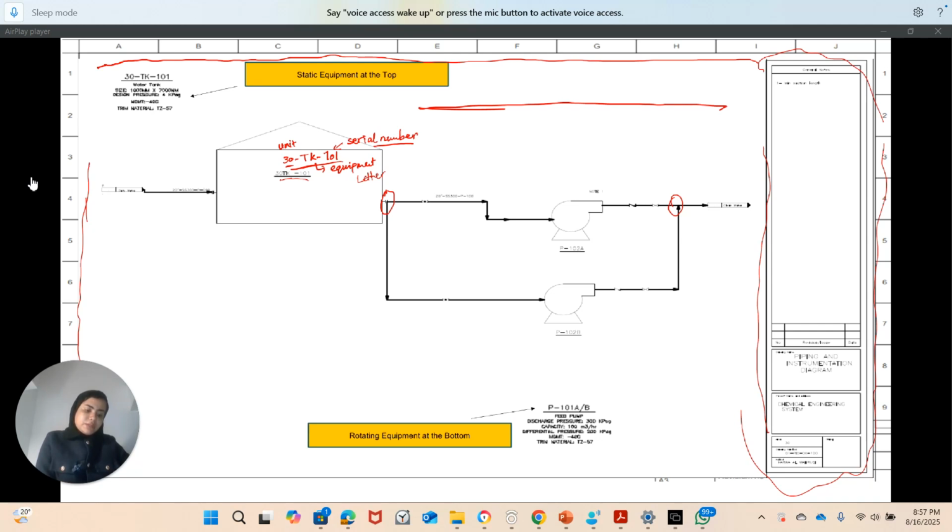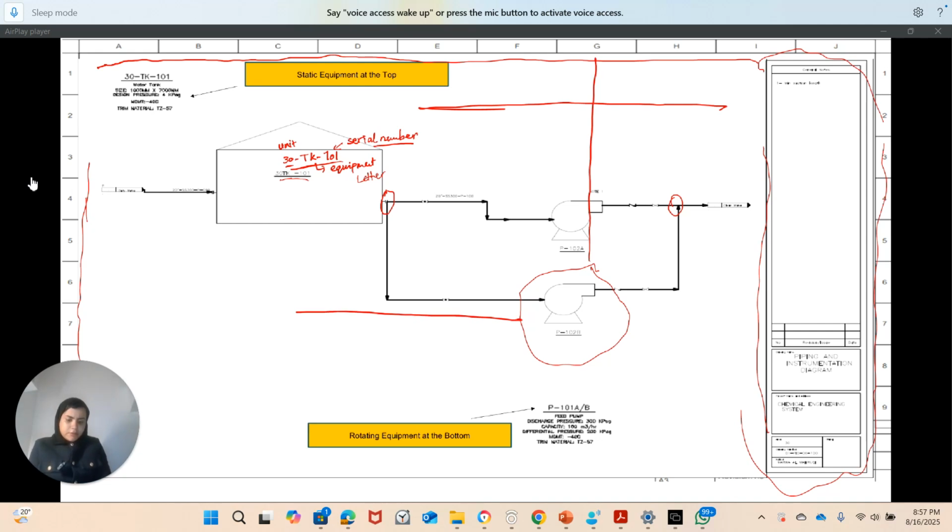engineers. If there is a lot of equipment in the P&ID and you want, for example, to represent your pump, and this is pump 102B, and you want to tell the engineer to look into this specific pump. So this pump will be in G, and it's 7.